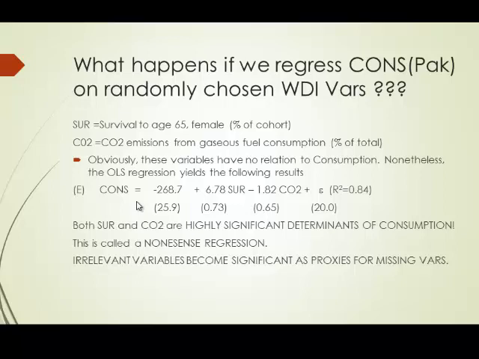And similarly, CO2 enters with a negative sign. So obviously we understand that if the female survival rate becomes higher, then consumption will increase because females eat a lot. And obviously, if the carbon dioxide emissions go up, that will harm our health, and so we will reduce our consumption.